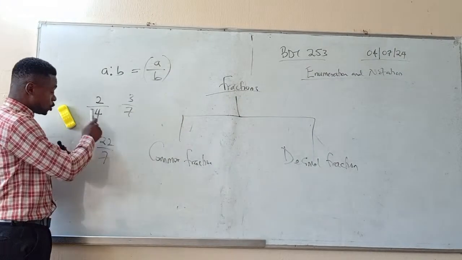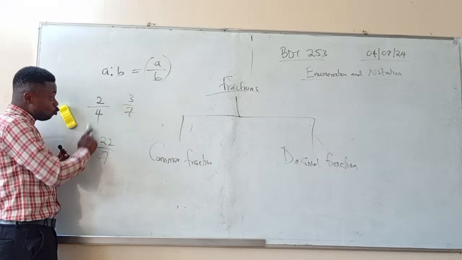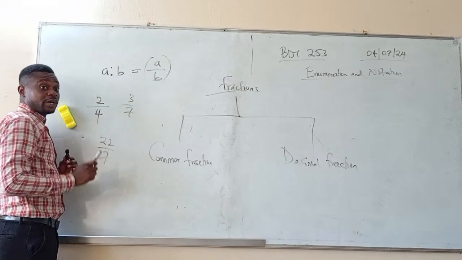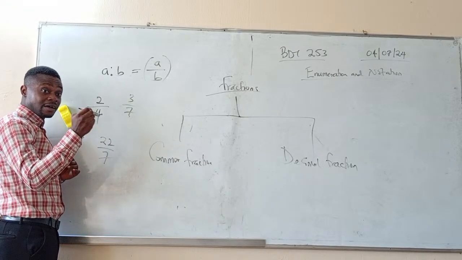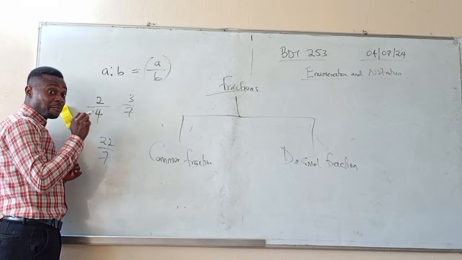Wonderful. This is what we call common fraction. This is the one that is actually in this form. But decimal fraction has decimal points. Okay, decimal fraction has what? Decimal points.